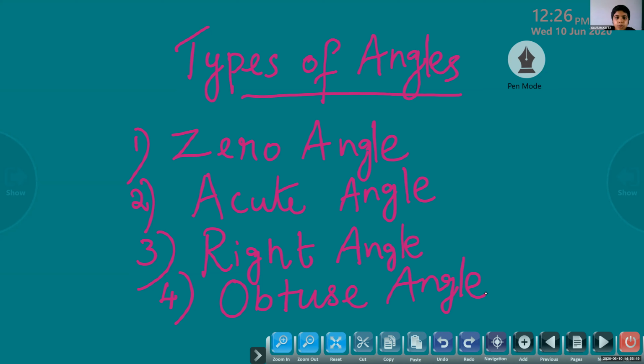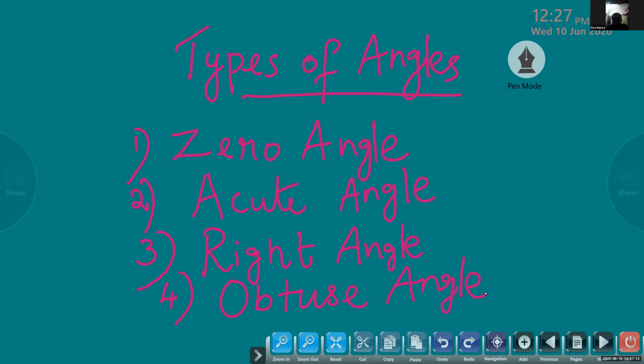There are 4 types of angles. First one is zero angle. Second one, acute angle.